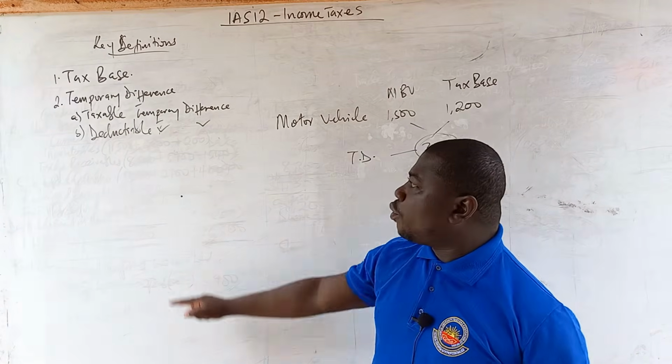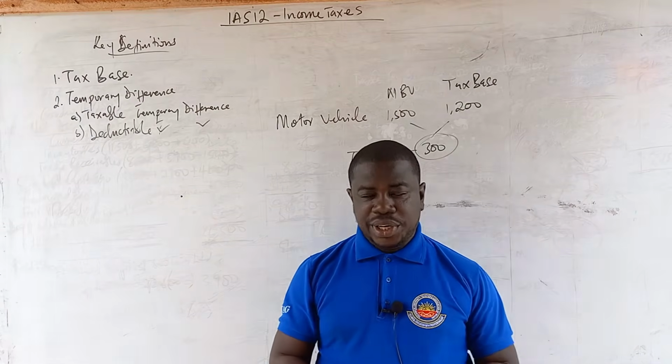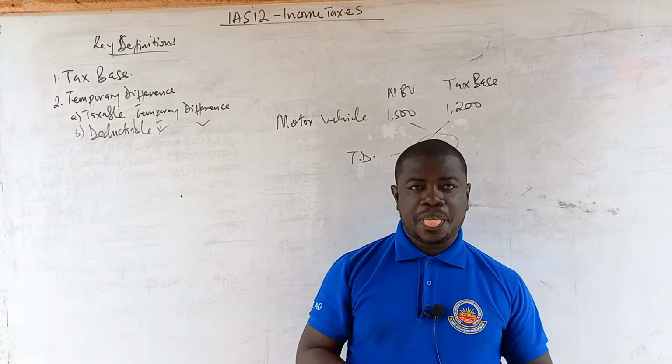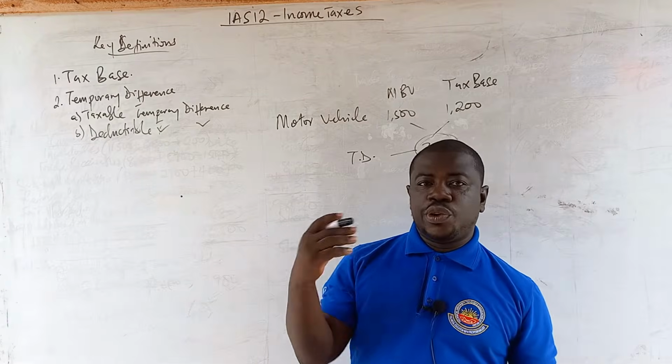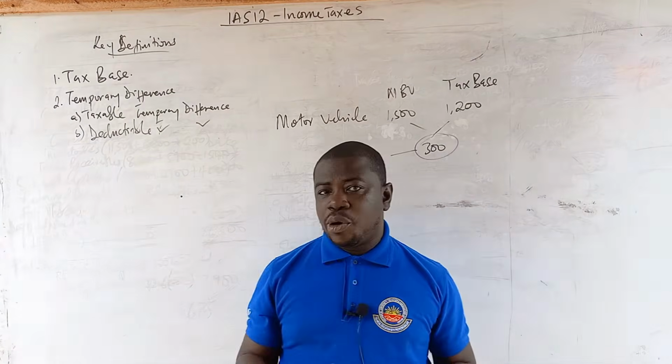Now, I have said that we have a taxable temporary difference and we have a deductible temporary difference. And I'm going to explain, starting with the taxable temporary difference. So the taxable temporary differences are temporary differences that will result in taxable amount in future period in determining taxable profits.